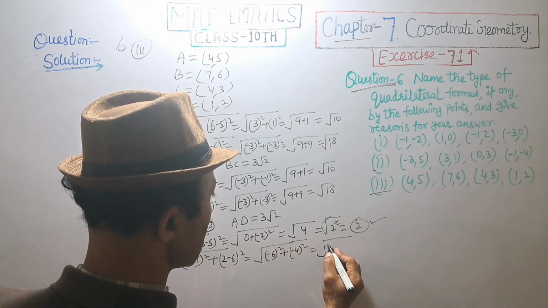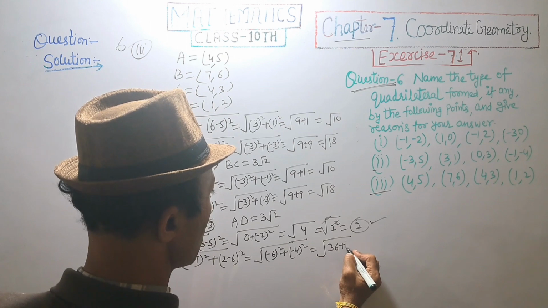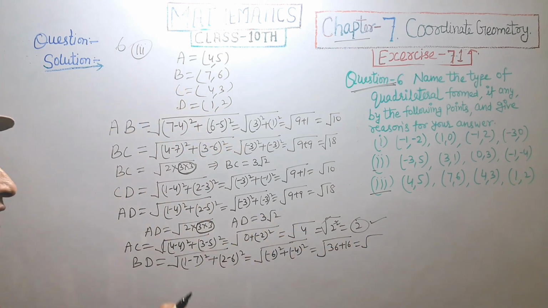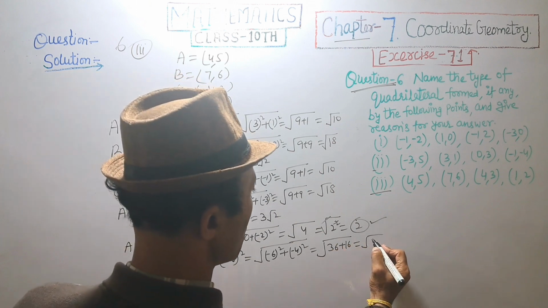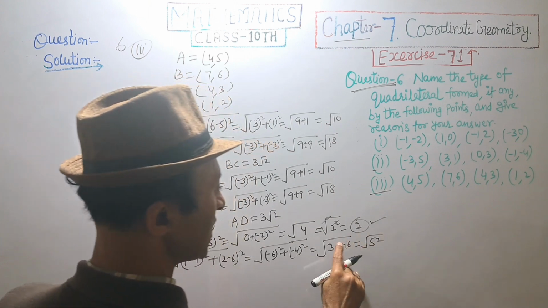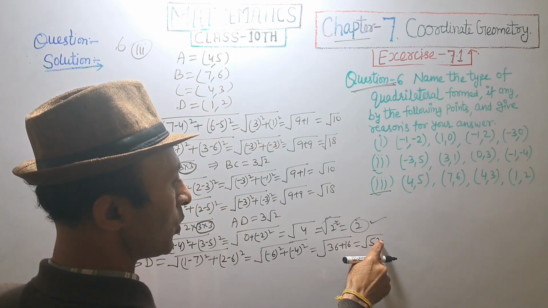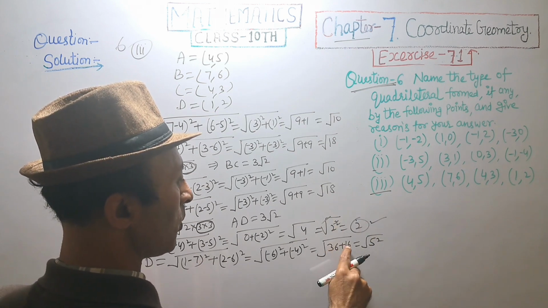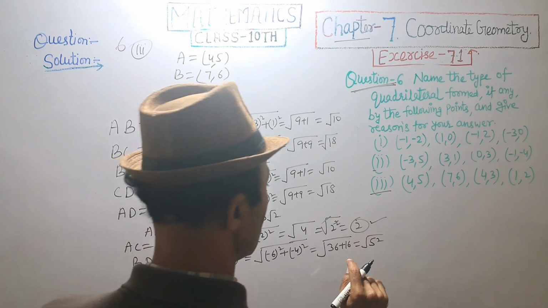So 6 6s are 36 plus 4 4s are 16, and the sum of 36 and 16 is equal to 52.